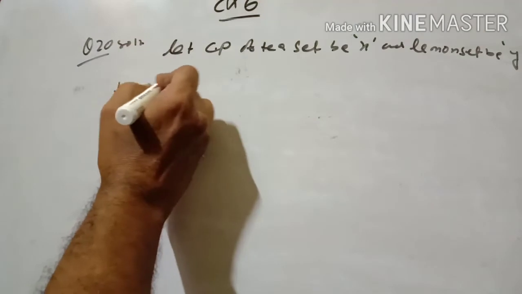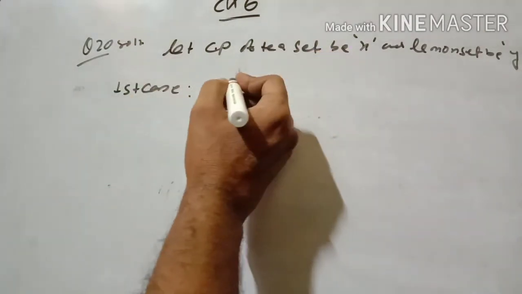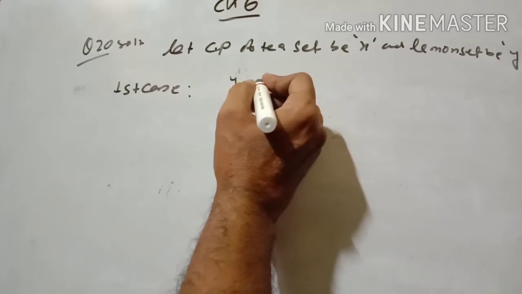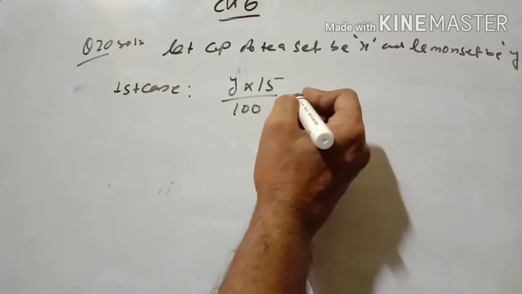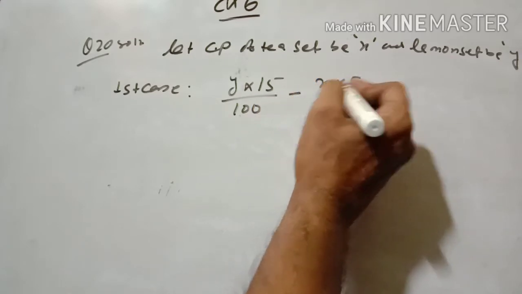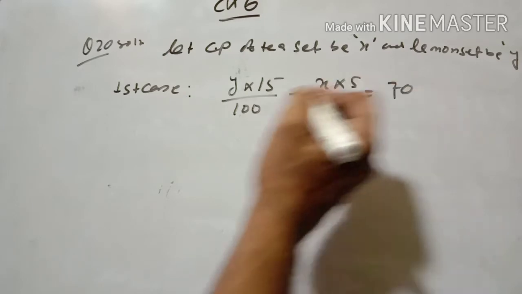So first condition, or first case, you can write y into 15%, remove the percent, so it will be 15y by 100 minus x into 5 by 100, that time gaining 70 rupees.